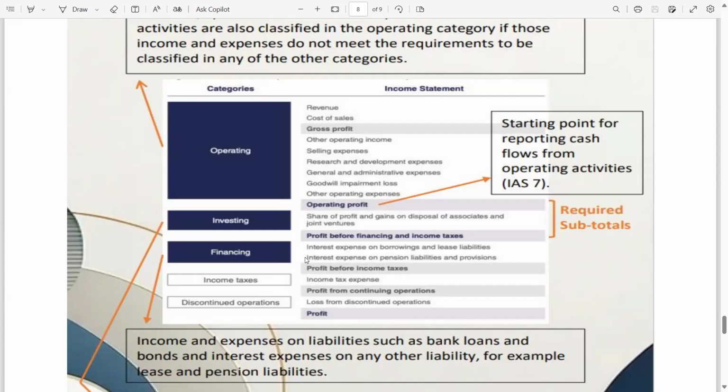Now in the financing, we have interest expense on borrowings and lease liabilities, interest expense on pension liabilities and provision. Look how the IFRS 18 category discloses all the particular information into the relevant head. If you remember, in the previous IAS 1, all the interest was clubbed into the finance cost.